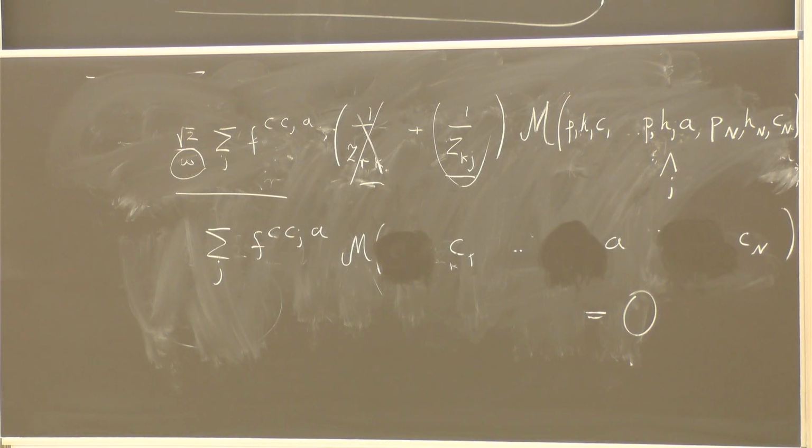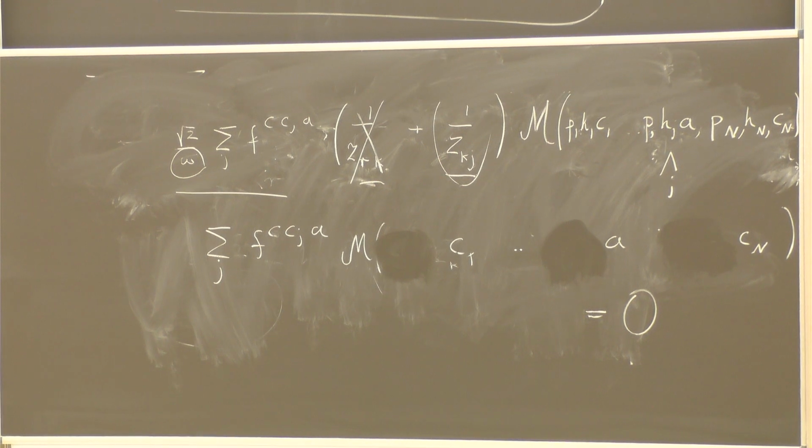So we know that when you have a scattering amplitude for n gluons, you have creation operators and annihilation operators. Here we can take all creation operators, with some indexes C1 up to C_n, for the n gluon amplitude.